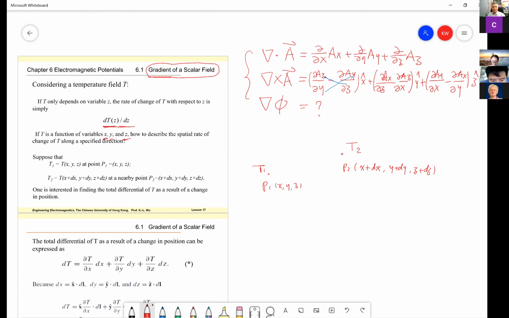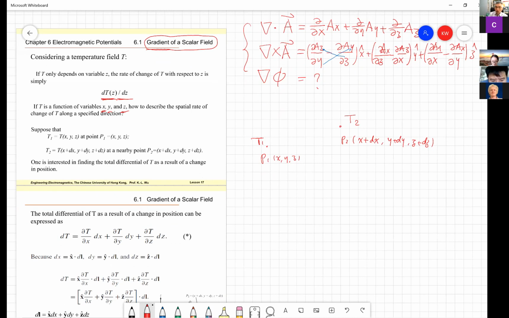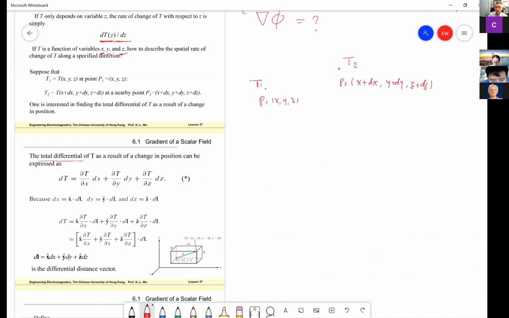Then how to describe it? We call it the total differential of T. The total differential means the variations in all the directions added together.